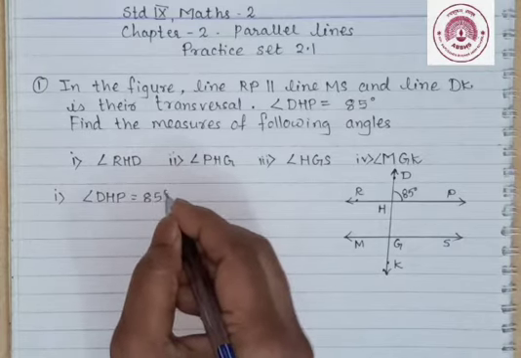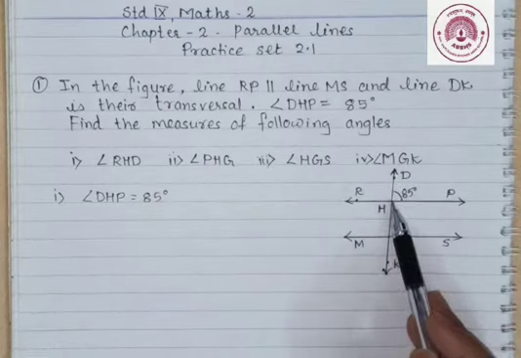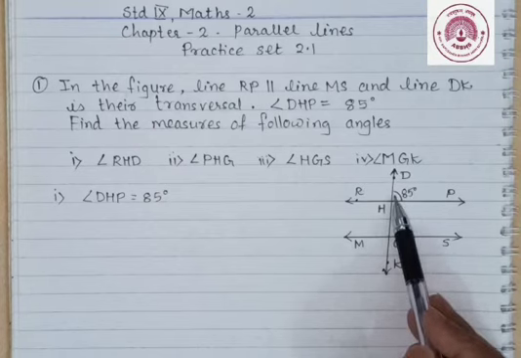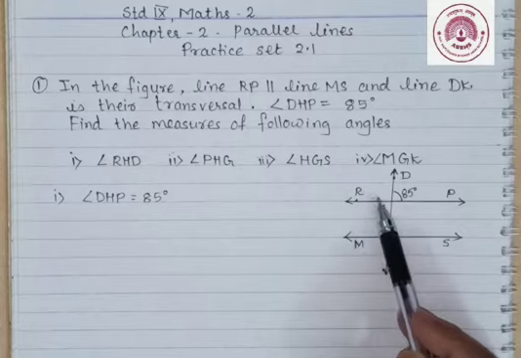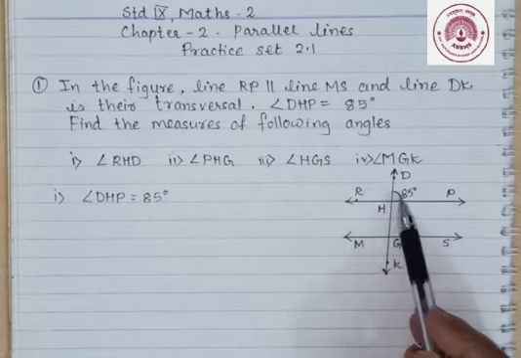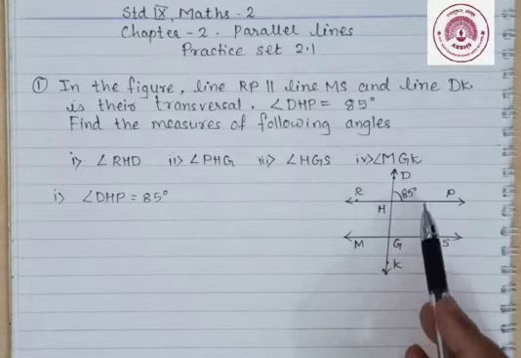This is given. Now angle DHP, you can see, is this angle, and angle RHD. These two angles are a linear pair, and we know linear pair angles are supplementary.